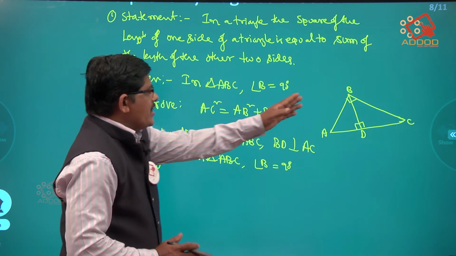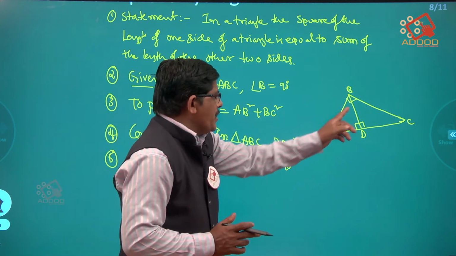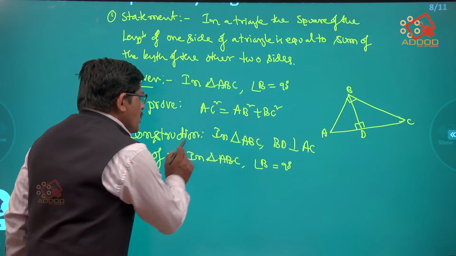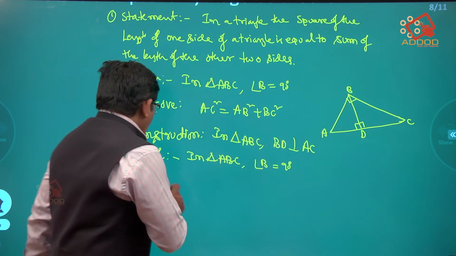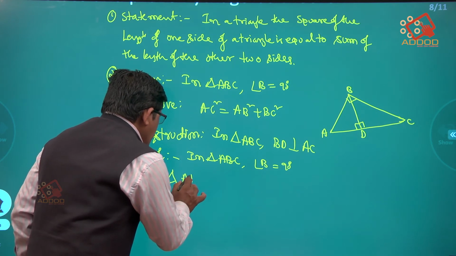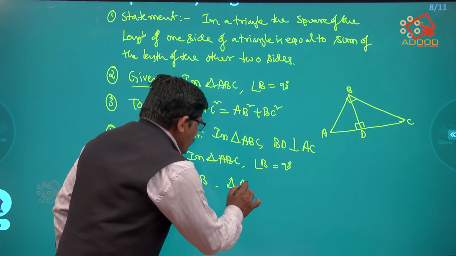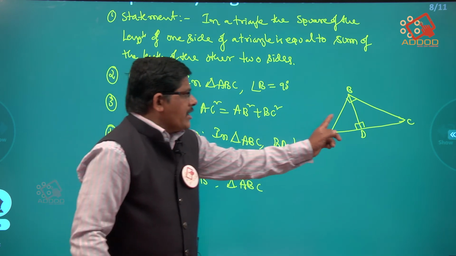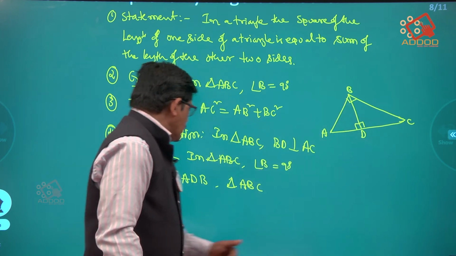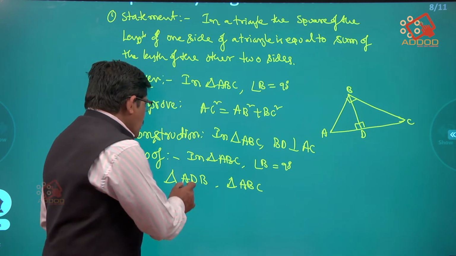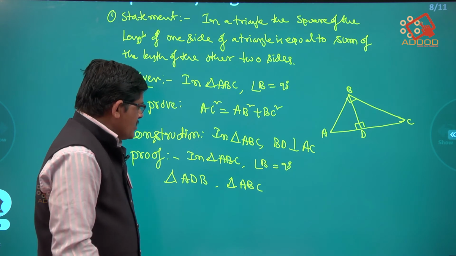Here the triangle is split into two triangles. What are the triangles? Triangle ADB and triangle ABC. In a right angled triangle split into two triangles, triangle ADB and triangle ABC are similar triangles.